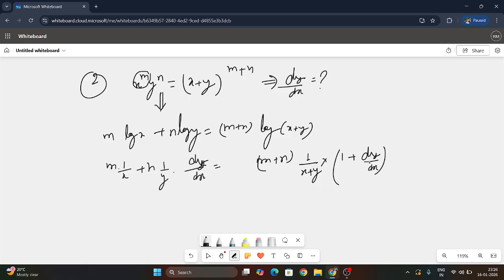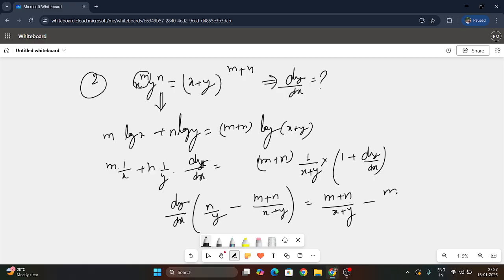Okay, this is dy by dx, so let's take it common, and you will get dy by dx is going to be n by y minus of m plus n by x plus y equal to m plus n by x plus y minus of m by x.